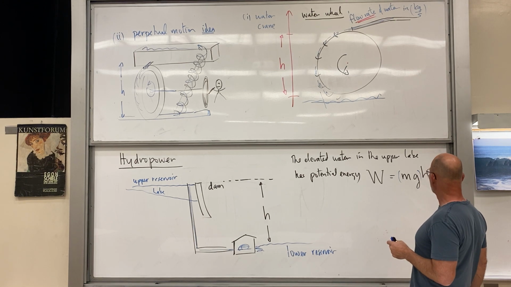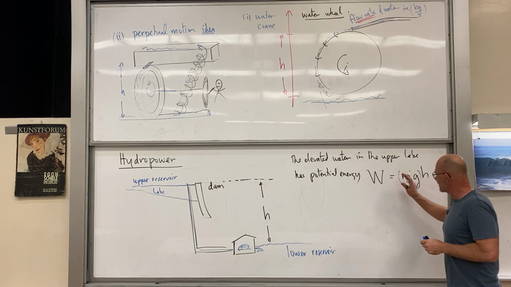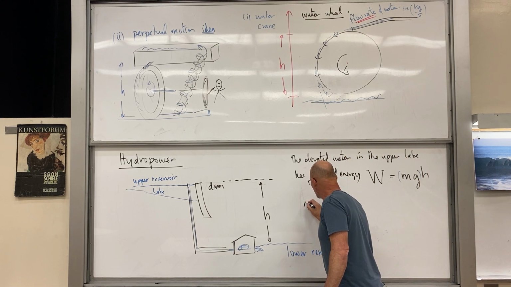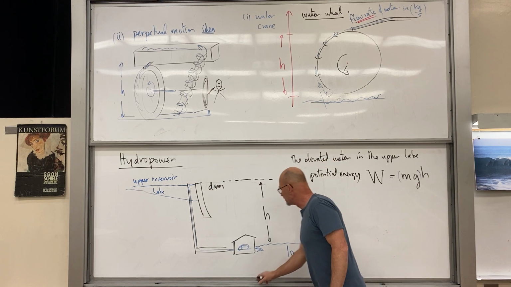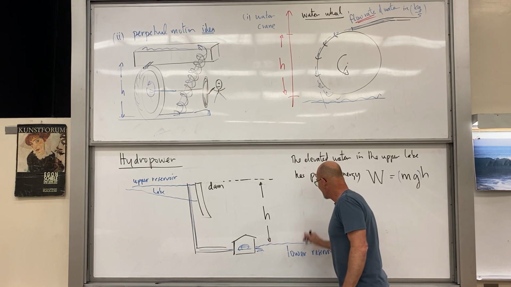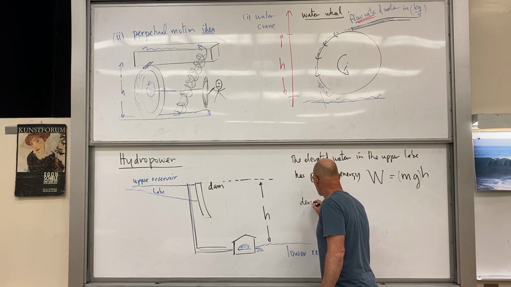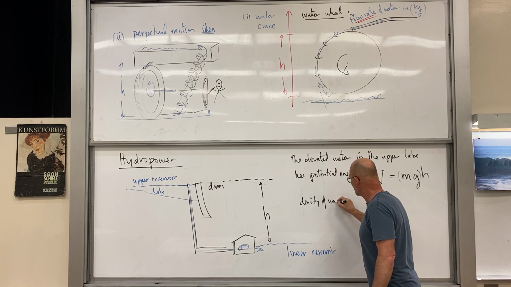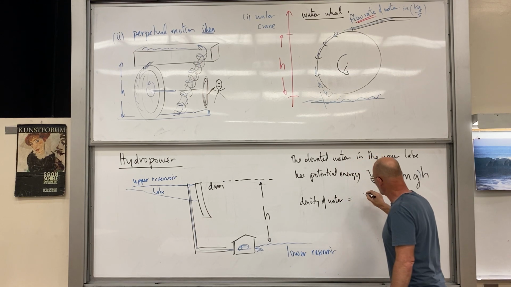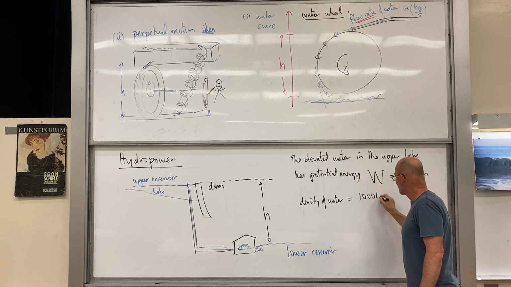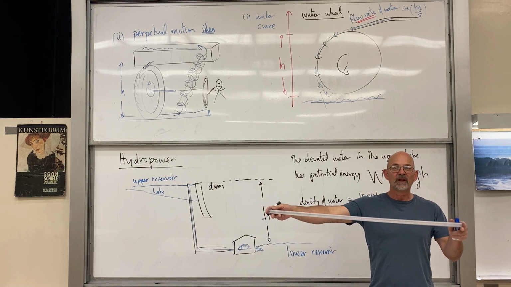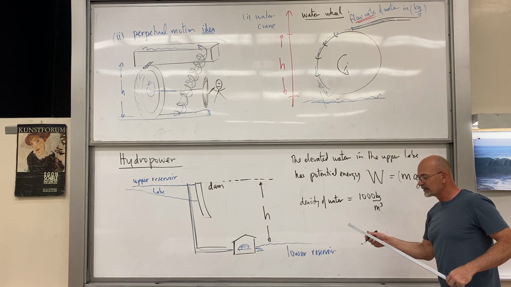This may be a good time to fill in a bit of material here. So, mass of water, actually let's use density. Density of water is equal to 1,000, pretty sure I said this before, kilograms per cubic meter. And again, there's a meter stick, you make a giant cube like this, you have 1,000 kilograms of water.